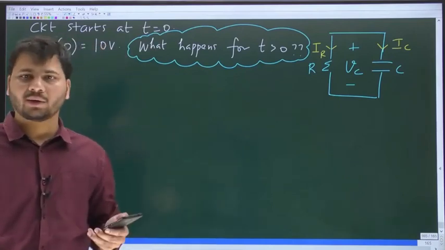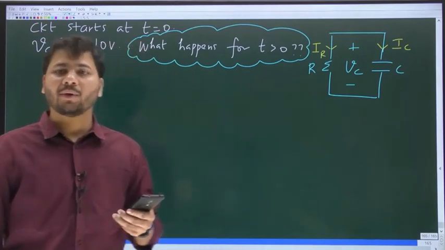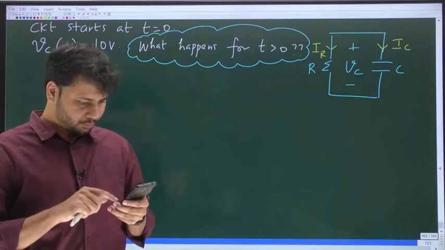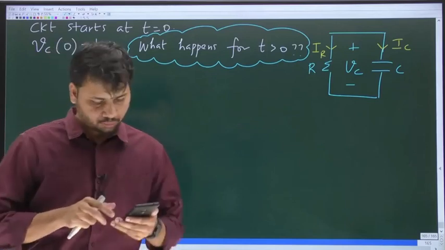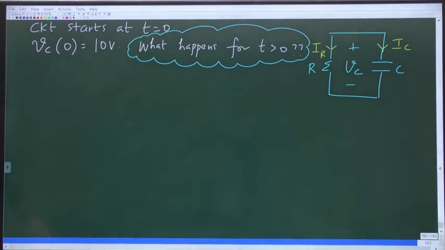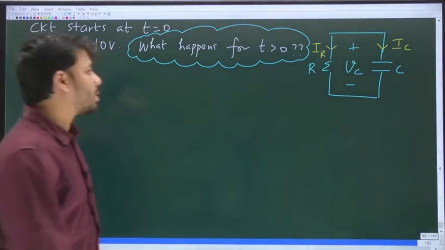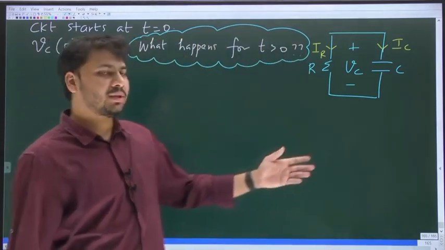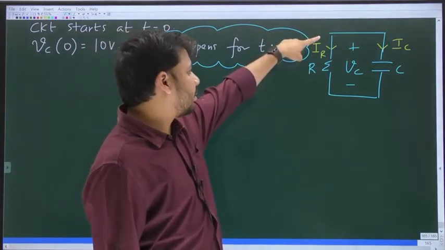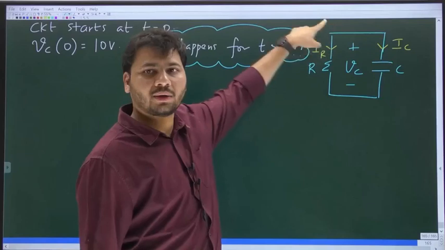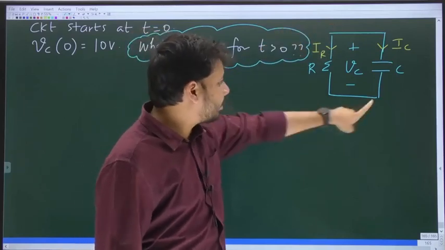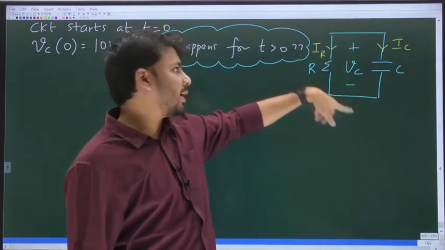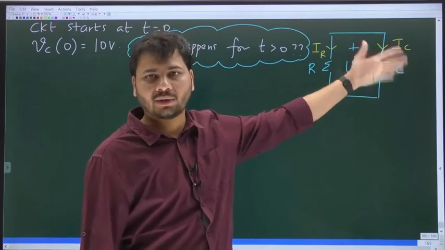IC equal to minus IR. Yes, both the currents are negative of each other. Very obvious, because the current through the resistor will again flow through the capacitor. IC flows through the capacitor in the downward direction, whereas IR flows through the same capacitor in the upward direction.